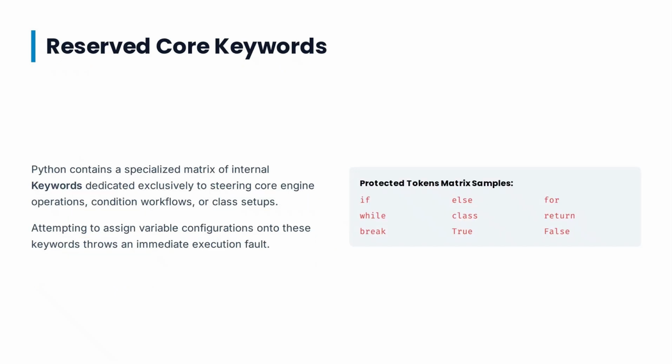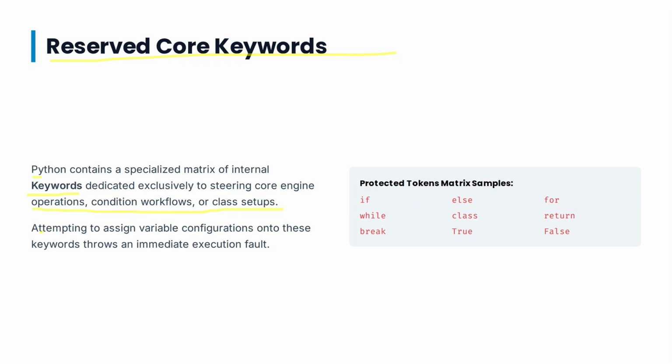Reserved keywords. These are some of the keywords which are reserved and cannot be used for naming a variable. Python contains a specialized set of internal keywords dedicated to core operations, conditional workflows, or class setups.